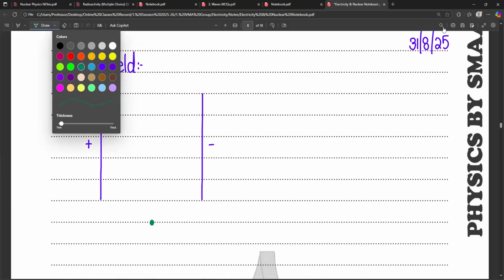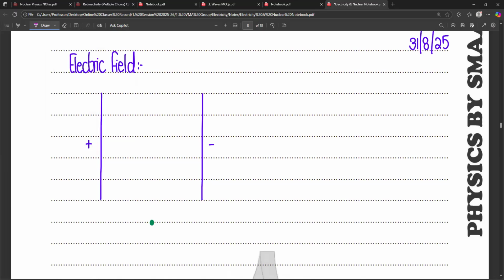So if we start with alpha, so let's suppose alpha emits out from the nucleus of this element. So what do you think, in which direction alpha deflects, or what will be the pattern of the movement of alpha particle when it passes through this electric field, because electric field travels from positive to negative.